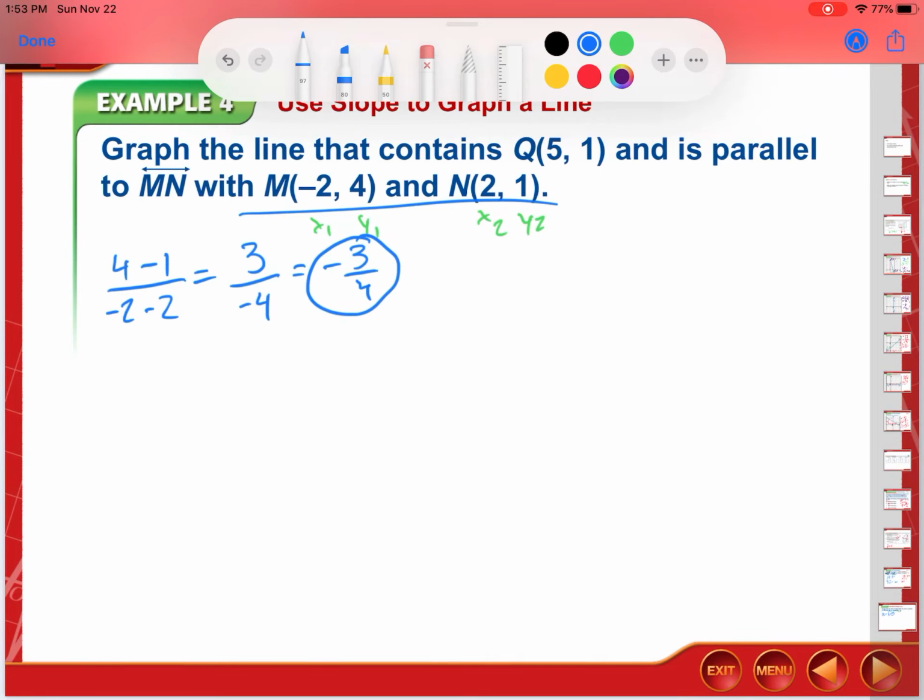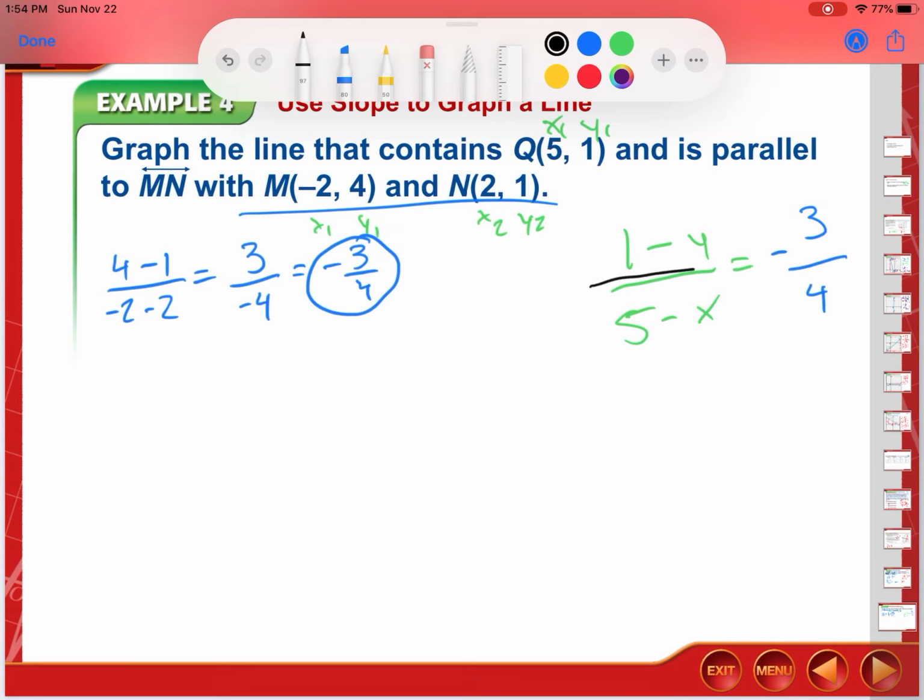So me personally, what I like to do is I like to say, okay, if I was calculating the slope of line Q, then I'm going to say this is my x1, this is my y1. So I would have 1 minus something over 5 minus something else is going to equal negative 3 over 4.